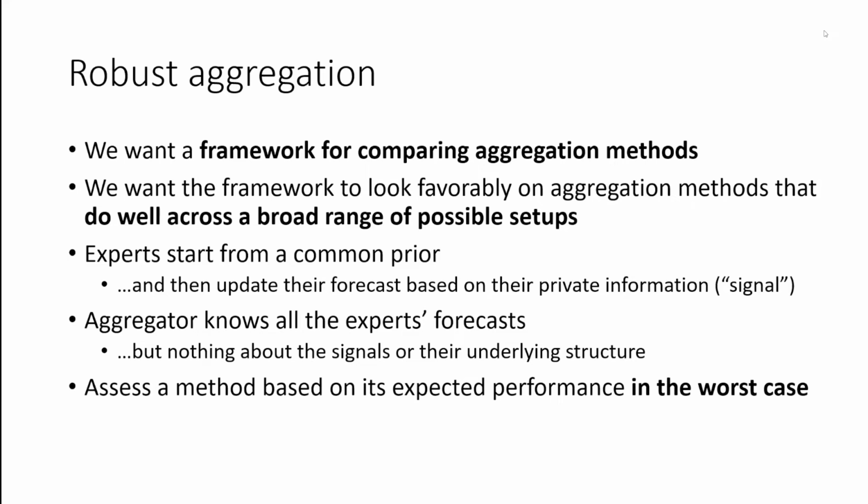Then they will each receive some piece of private information, which we call their signal, and update their prior based on their signal. Now, the aggregator receives forecasts from all of the experts, but the aggregator knows nothing about the experts' actual signals or about these signals' underlying structure. And we will aim to assess an aggregation method based on its expected performance in the worst case.